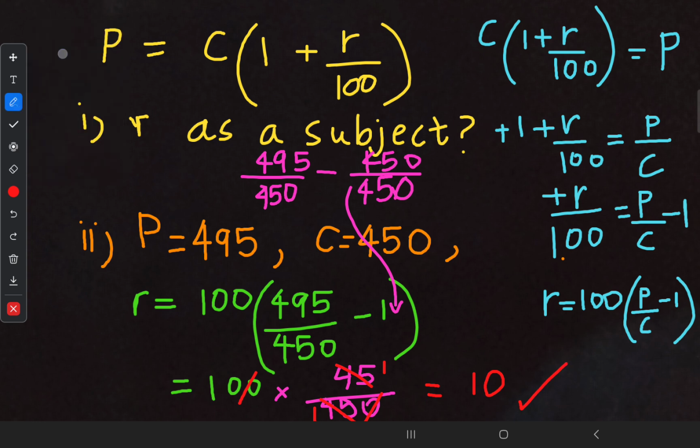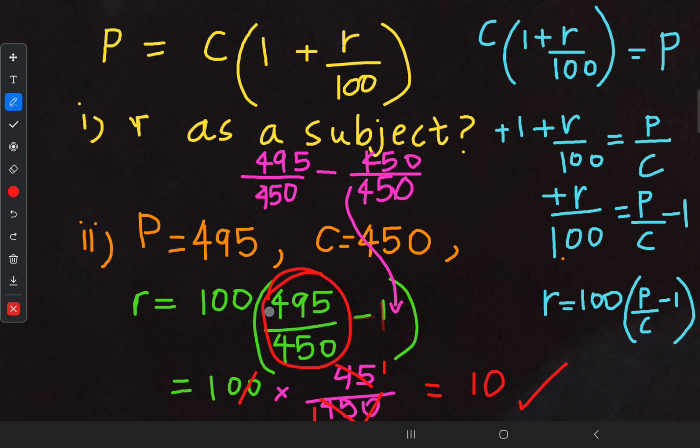I'll repeat once more what we did here. After making it the subject, I substituted the P and C values. That is a fraction: 495 upon 450 minus 1.